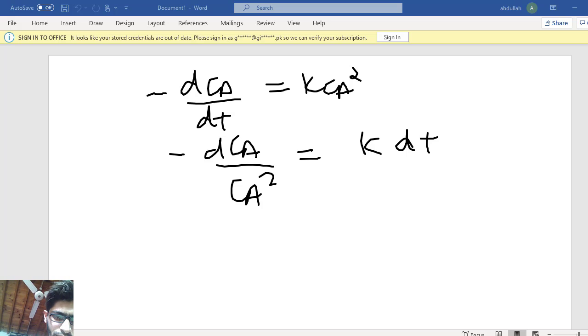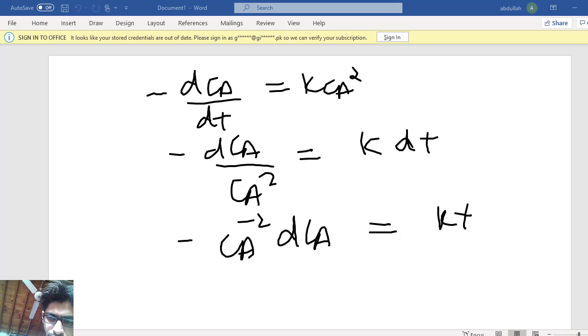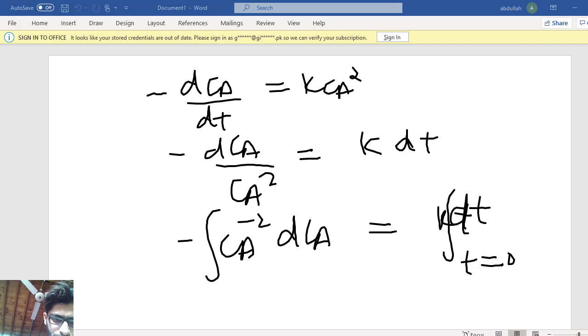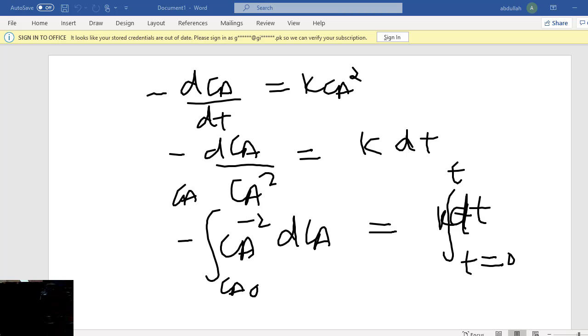We can also write this relation as C_A to the power minus 2 dC_A, with a minus sign, is equal to k dt. Now we integrate this relation: at time t equal to 0, C_A will be C_A naught, and at some time t, C_A will become C_A.